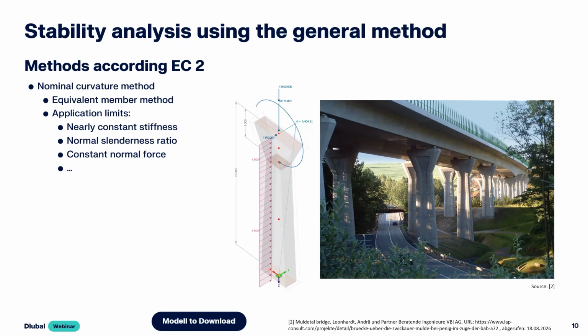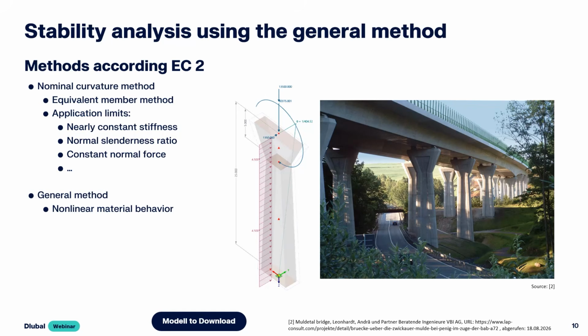The last point, and a very important one for many cases, is the assumption of a constant normal force. This means the load can only be introduced in the actual direction at the pier head, without further consideration. As a result, things like crane loads applied along the height are ruled out.